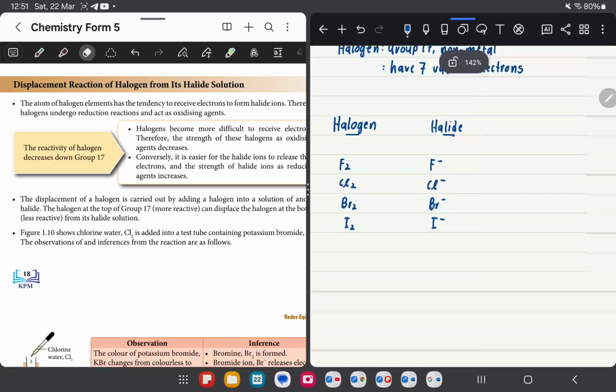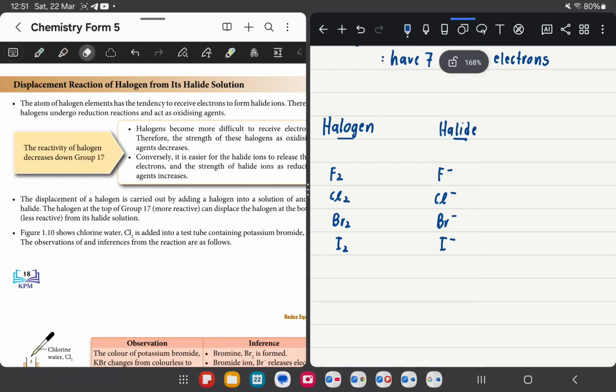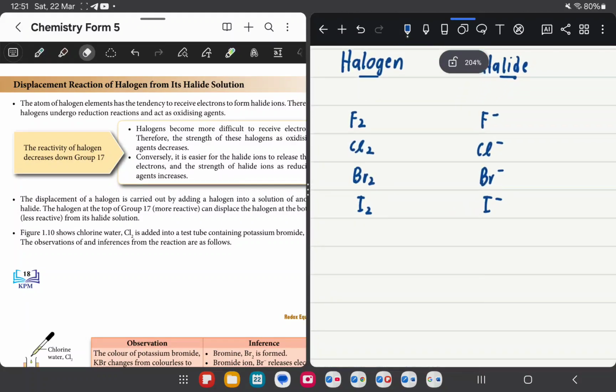Why only one minus? Because your halogen has 7 valence electrons, so to be stable it needs only one more, so it will accept one electron. That's why the halides all have negative 1 charge. Negative 1 charge indicates that they accept 1 electron on the valence shell. Understand?